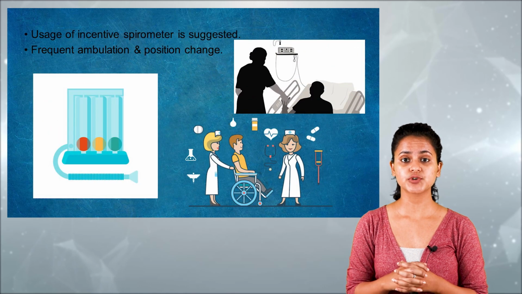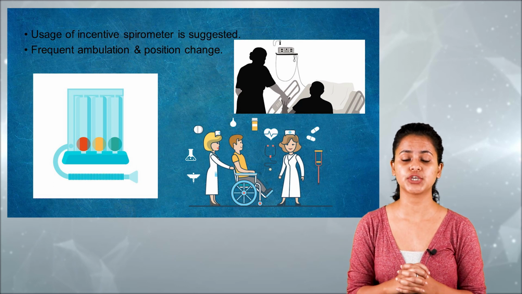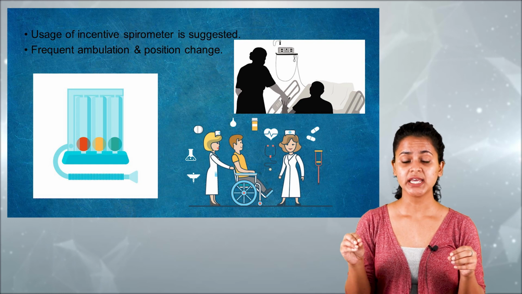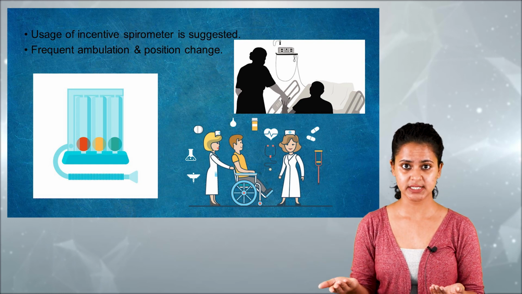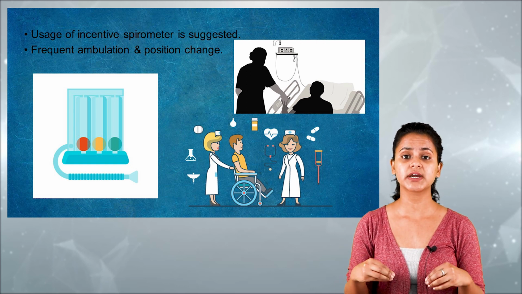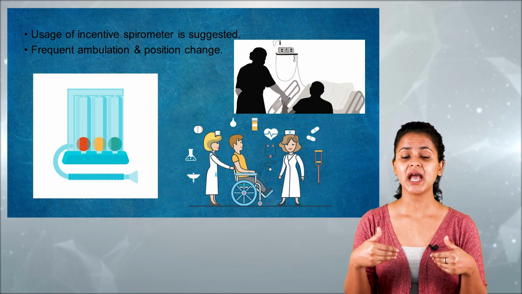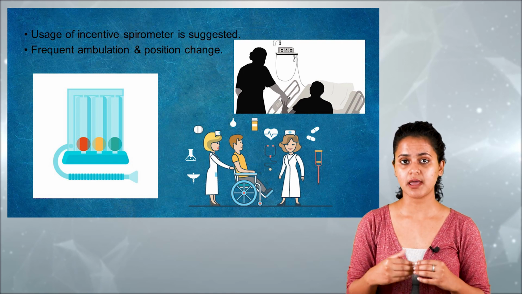Frequent ambulation and position changes are almost always indicated for a client with acute airway obstruction if there is no other physical contraindication present. So nurses here play a very important role in continuing the position changes for a client as well as early ambulation.